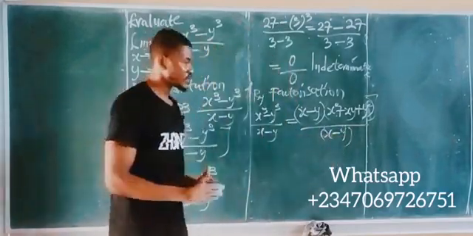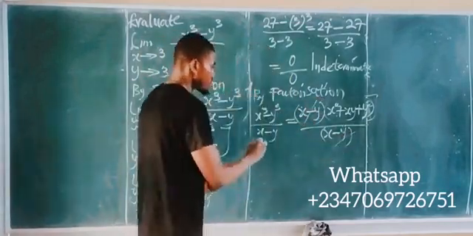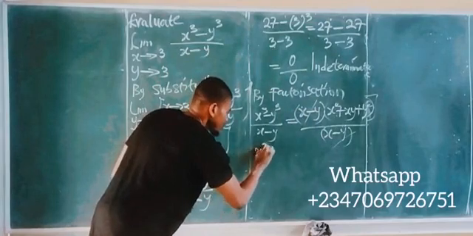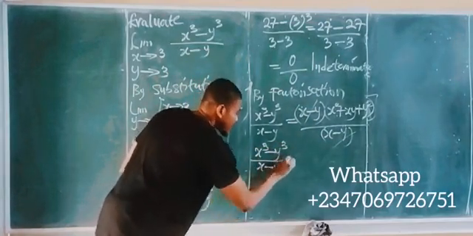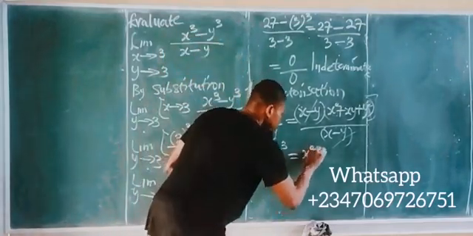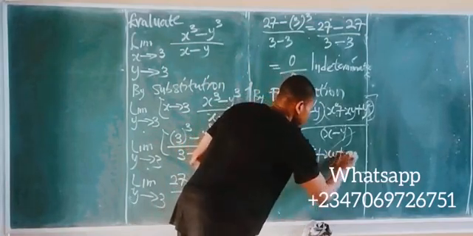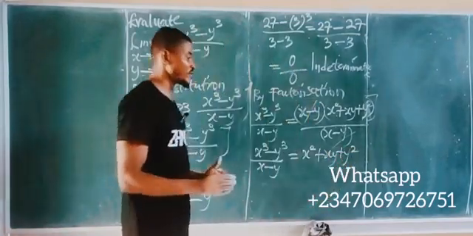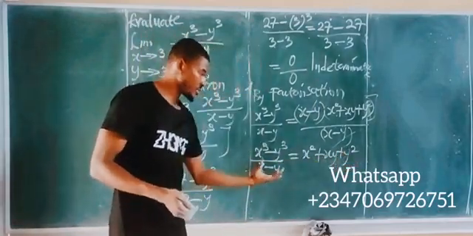Notice now that x minus y can strike out x minus y. So the function x cubed minus y cubed all over x minus y is actually equal to x squared plus xy plus y squared. This whole expression can now replace the function.